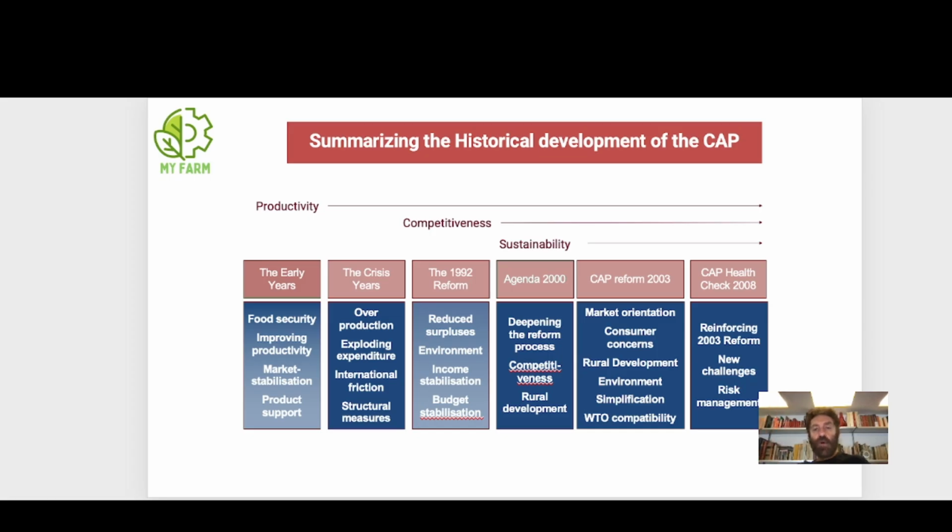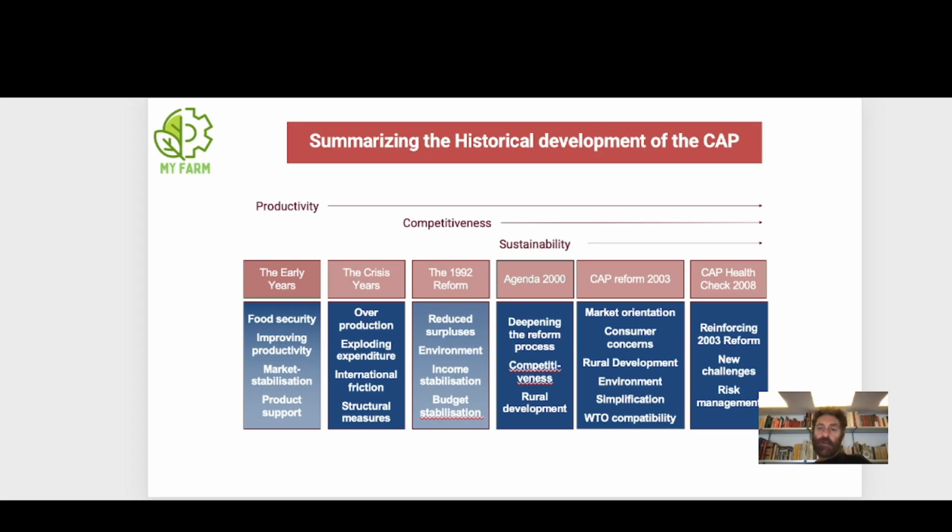With Agenda 2000, the focus shifts more to competitiveness, rural development, and the birth of the concept of multifunctionality that we stated before. The more incisive reform was the reform in 2003, namely the Fischler reform, that introduced a very innovative model of public support to the European farmers.